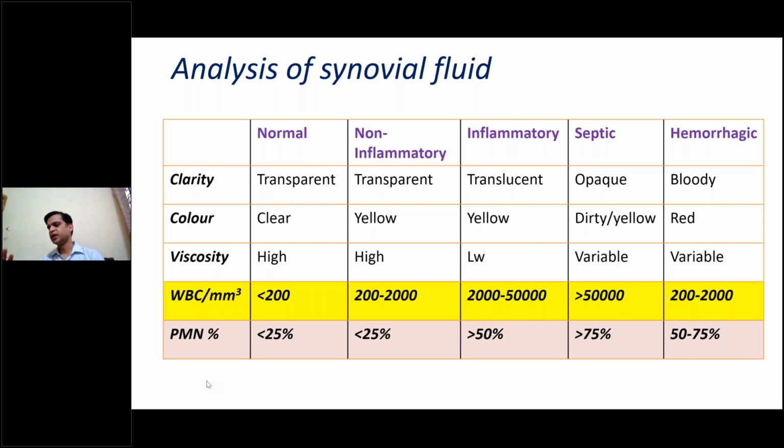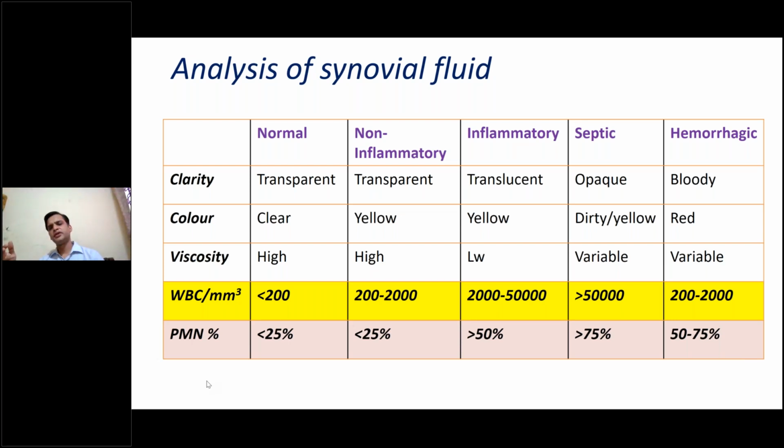While in case of inflammatory conditions, there will be an exponential rise in the WBC count in the synovial fluid, more than 2000 to 50,000, or even 75,000, or even 1 lakh. And among these WBCs, the proportion is important. The proportion of PMN cells will increase from the normal 25% to more than 50%, or even 75%.